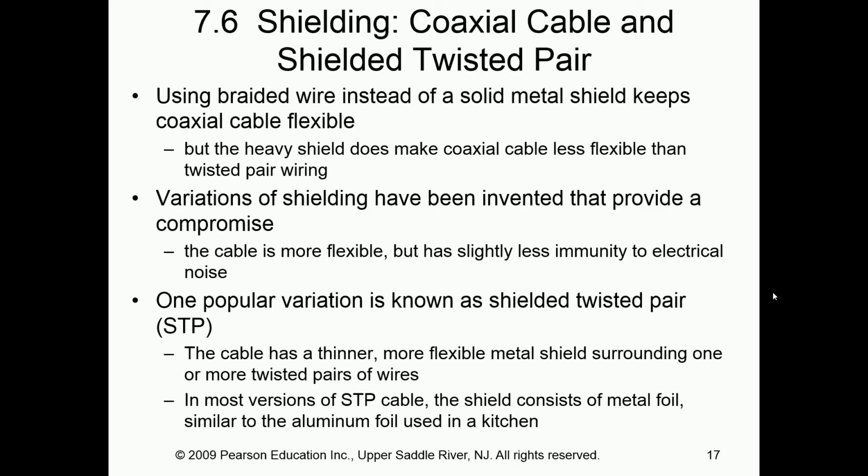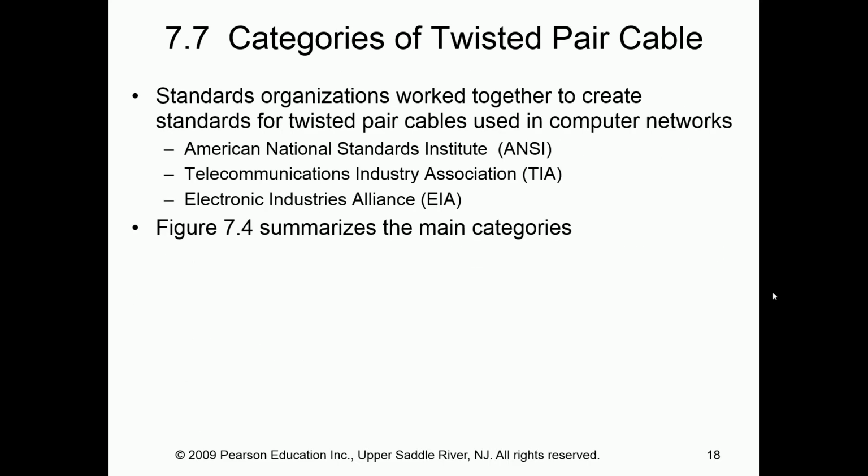So, who makes these cable standards? We've been talking about UTP and STP and coax, but who actually makes the standards for our cable? There are big three that we have to learn. ANSI, which is the American National Standards Institute, sorry. The Telecommunication Industry Association, TIA, or the Electronic Industry Alliance, EIA.